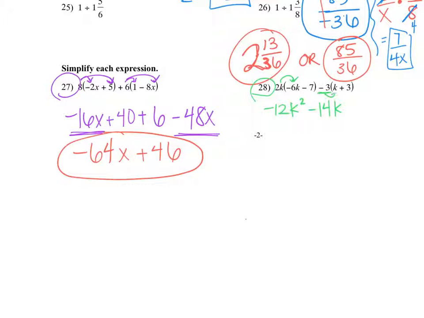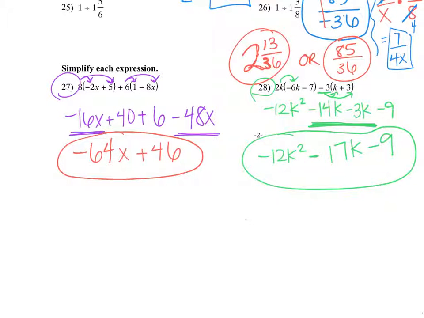So negative 3 times k is negative 3k, and negative 3 times a positive 3 is a negative 9. Very similar to the last one, I have like terms. These are the only two like terms, so leave the negative 12k squared alone, minus 17k because they're both negative, so I add and keep the sign, and then I leave my 9 alone, and this is my answer.